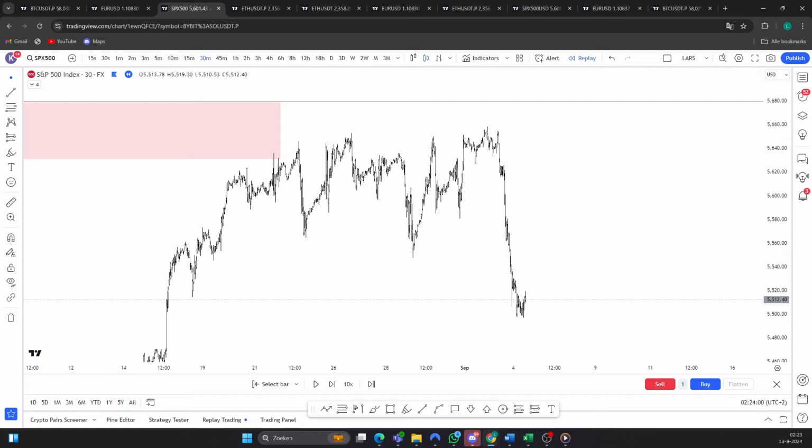It is very important to understand how a low time frame range behaves so it can grow into a higher time frame range, because every start of a high time frame range was created on the lower time frame. Just like your higher market structure pools are created by those pivot market structure breaks on the lower time frame. So the higher time frame is important, but the lower time frame makes up the higher time frame. And the same goes for ranges, okay?